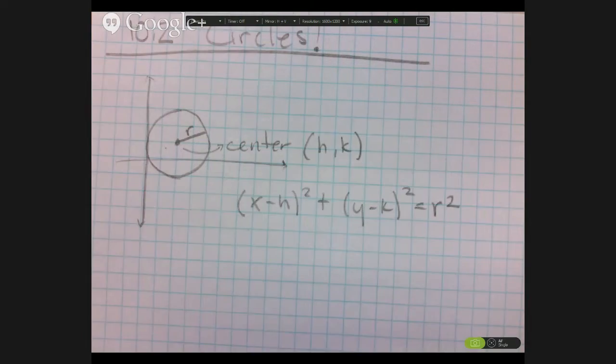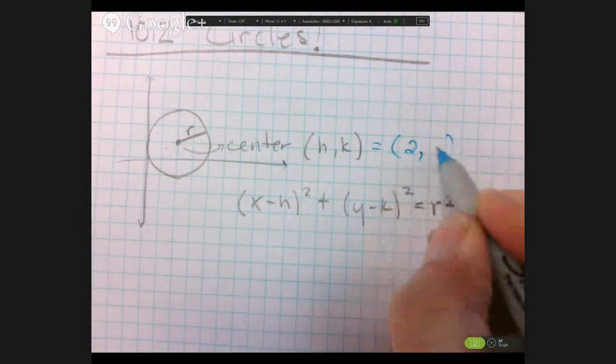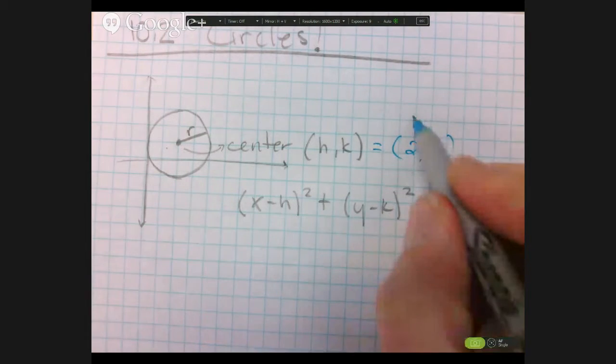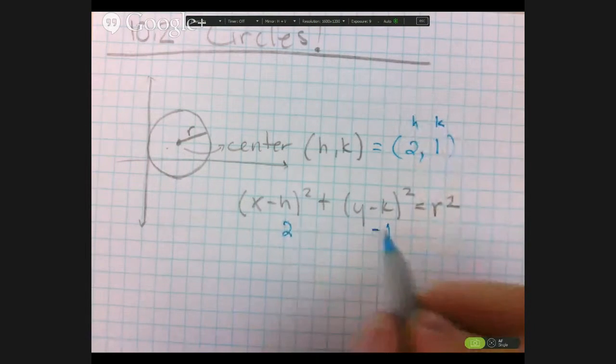What are the coordinates? 2, 1. Right. So this is the H value and the K. So 2 and 1.